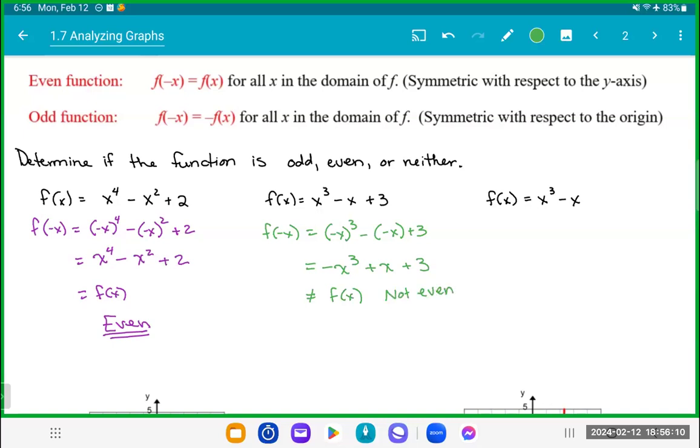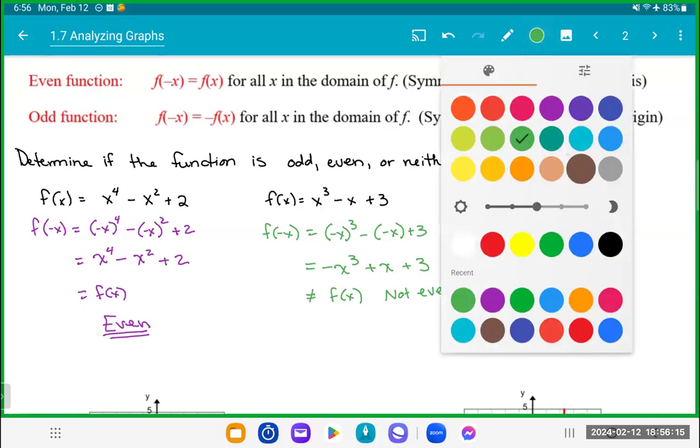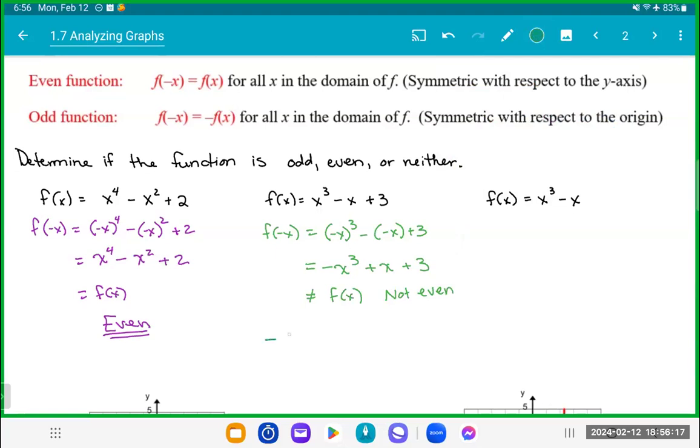Okay. Now I want to determine, is it odd? What if I did negative f of x, right? So what that's saying is if I put this negative here, and I multiply all of this by a negative, right? That's what that is saying. Then I would end up with negative x cubed plus x minus 3, right?